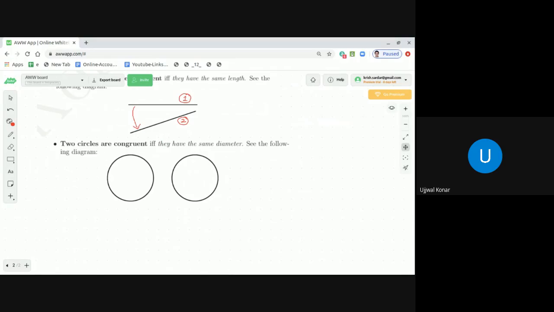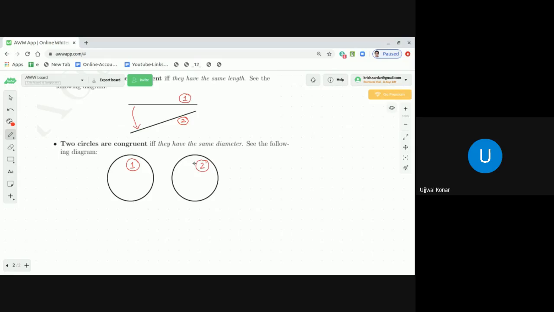In fact, as I was telling a few minutes back, if you consider the first circle to be a 5 rupee coin, and the second one is also a 5 rupee coin, they have the same shape, right? Exactly the same shape and same size.